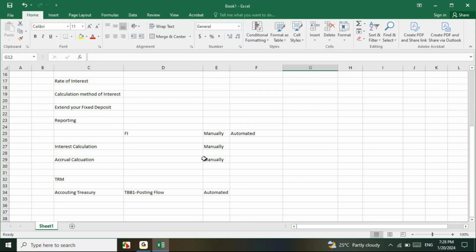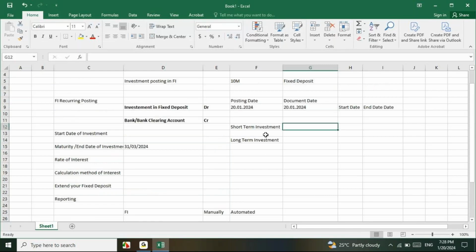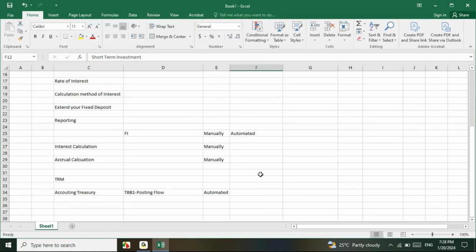That would be part of our account determination configuration, and based on that, when you select this particular short-term investment using the general valuation class, called GVC, the system will determine, okay, this is the short-term GVC, so the system will take this GL account. So all these things will happen automatically. We need not do manual posting.